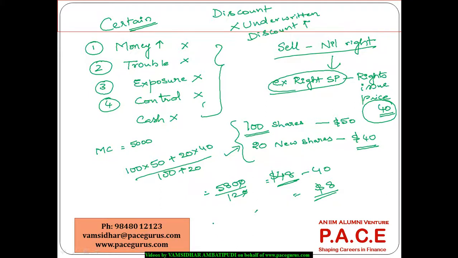Now, in all this, everything is fine. Either the shareholder can exercise the right, or he can sell his nil paid right. But what if the shareholder does not do anything?